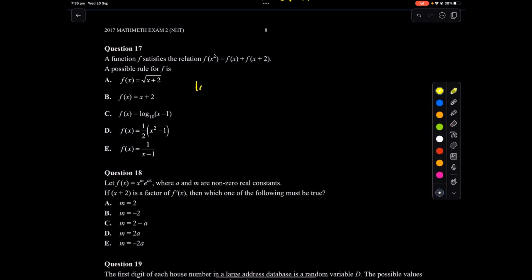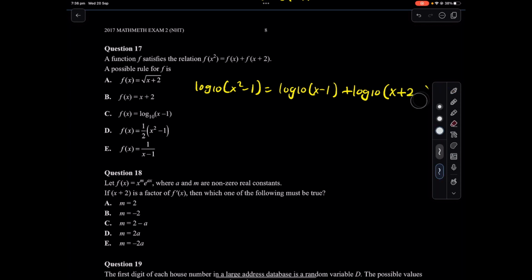So we're saying log 10 of x squared minus 1 is equal to log 10 of x minus 1 plus log 10 of x plus 2, so x plus 2 minus 1, which is just plus 1. Now, we know by log laws, they get multiplied, and they are perfect squares, so we can say just x squared minus 1. Yes, they are equal.